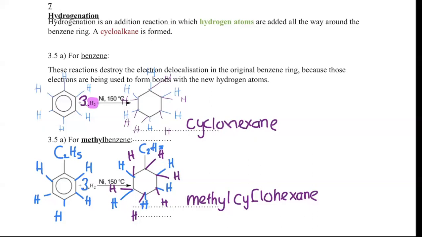Any more questions before we move on? What if there is electron donating or electron withdrawing? No effect, because all the positions will get the hydrogen. When you have an electron donating or electron withdrawing group, as you know, they usually activate certain positions, but in this case it does not matter because all the bonds will be broken, so all your carbons will get a hydrogen.